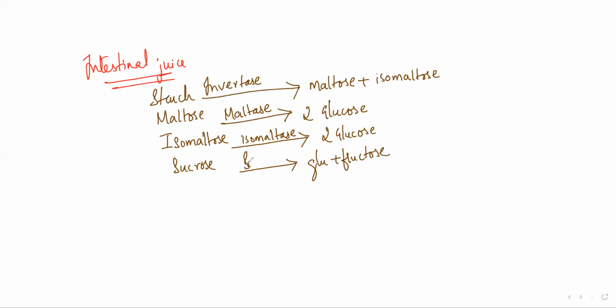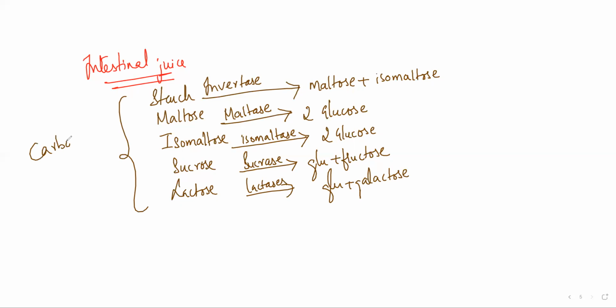This will be done by sucrases. See, a whole lot of carbohydrate digestion happening in the small intestine. And lactose sugar will be converted by lactases into glucose and galactose. Remember, all of these are about carbohydrate digestion by the intestinal juice enzymes.